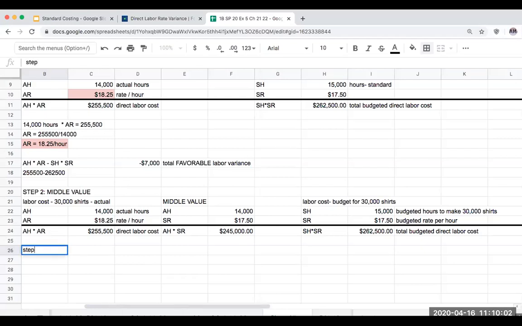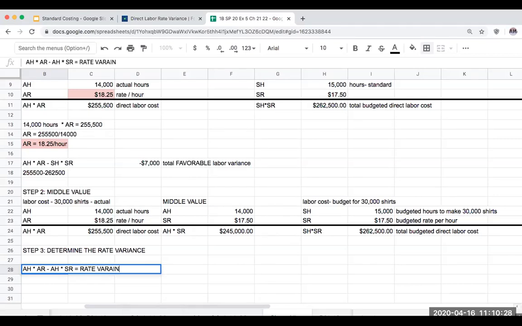So my step three is going to be to determine the rate variance. So my rate variance is going to be actual hours times the actual rate minus the middle value of the actual hours times the standard rate, which will give me my rate variance.